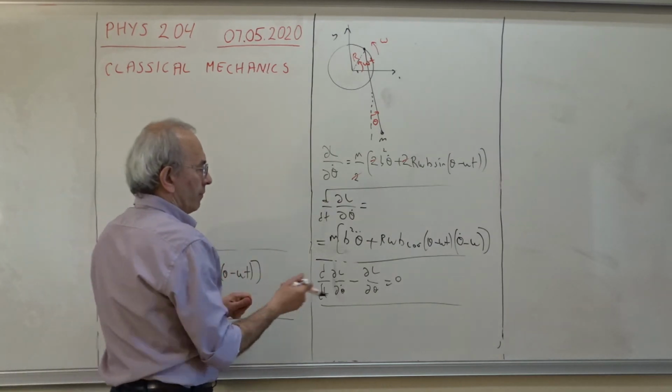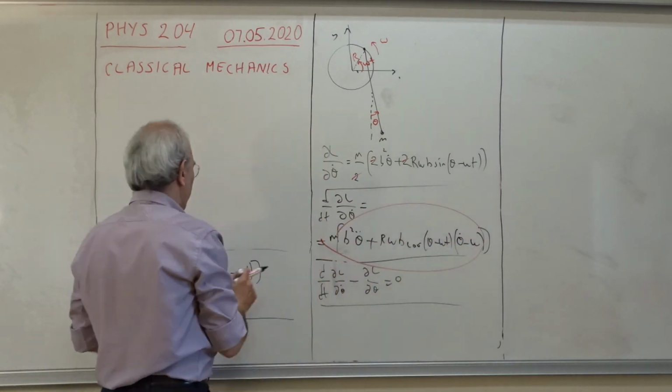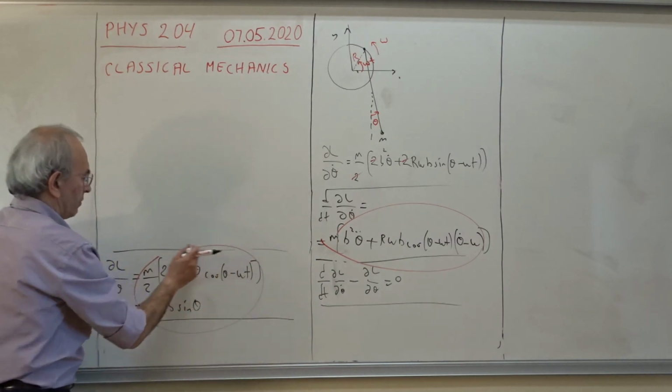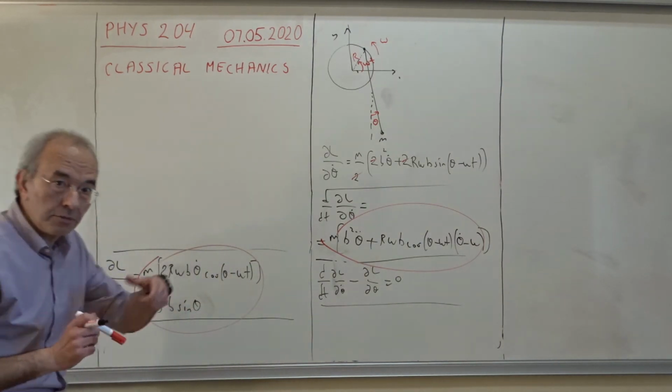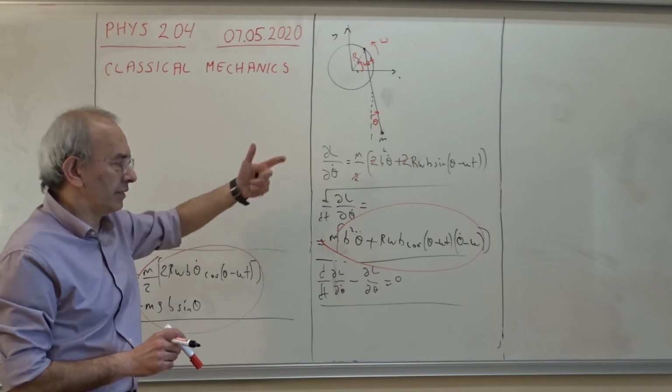This block minus that block will be equal to 0, or this one equals that.